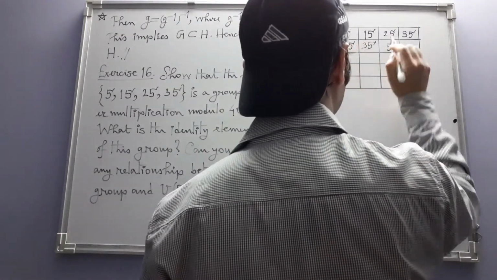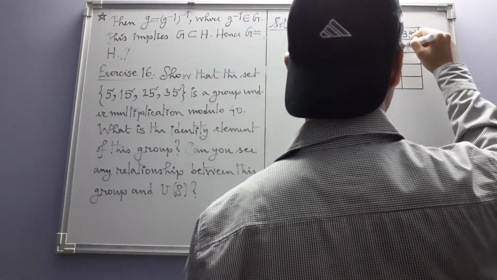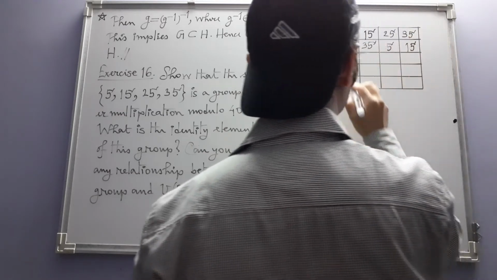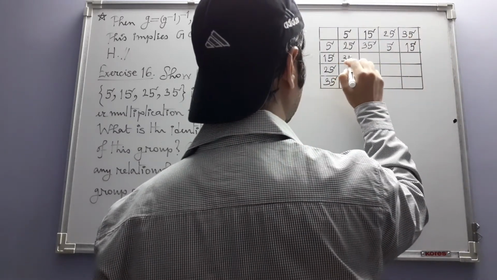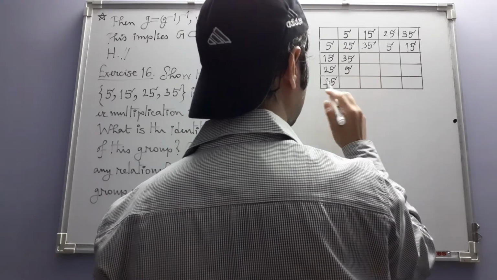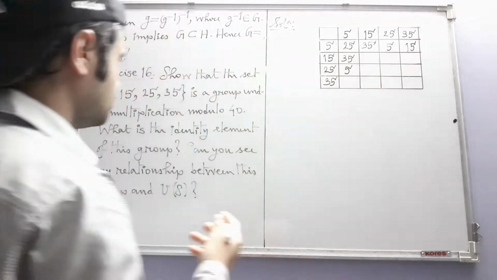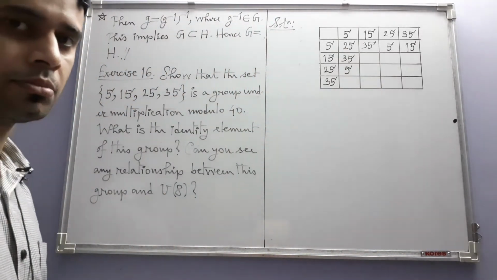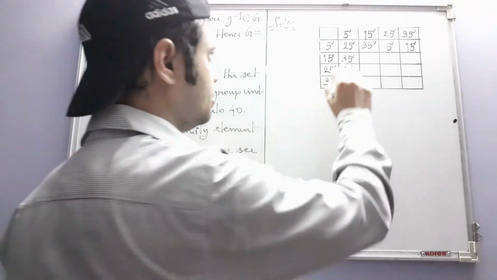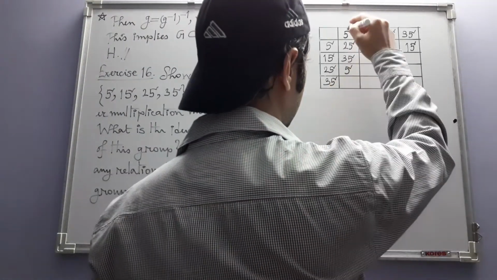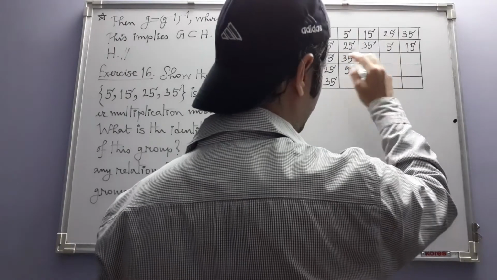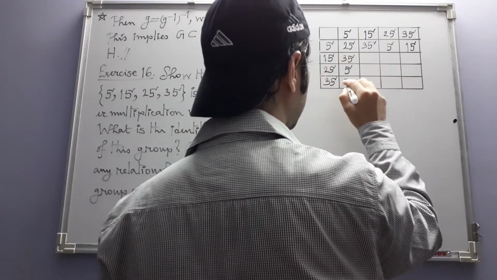Like that, you will see that you will get 5 and 15 here. Since multiplication modulo some positive integer is a commutative operation, the first column will also have the same elements.